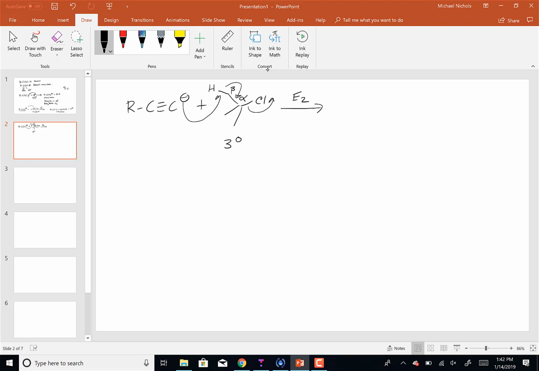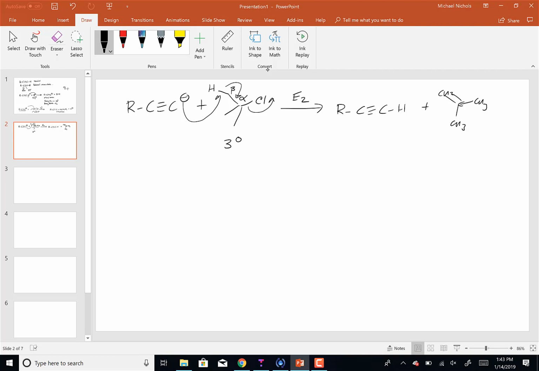In this case, since there's no ring, we don't have to worry about whether the hydrogen was cis or trans to the leaving group, because there's 3 hydrogens there and they all could rotate to become trans or anti to the chloride. So we end up adding a hydrogen to the carbon, and then we end up forming the double bond, the alkene.